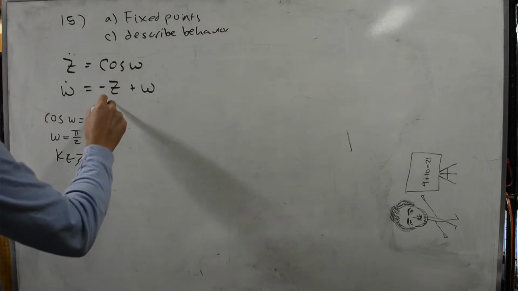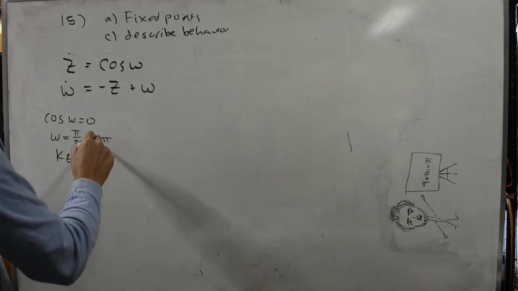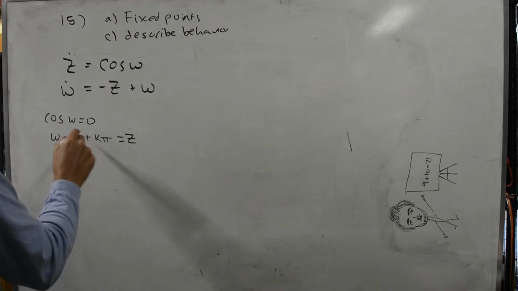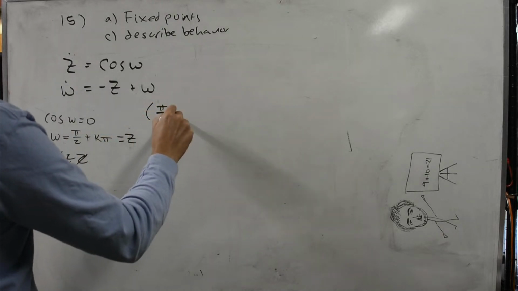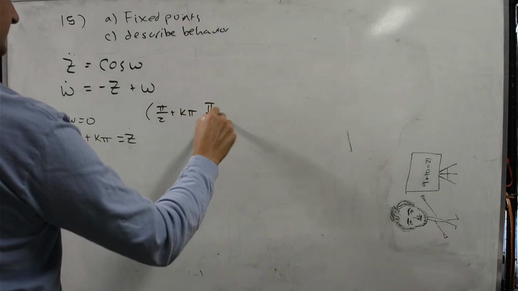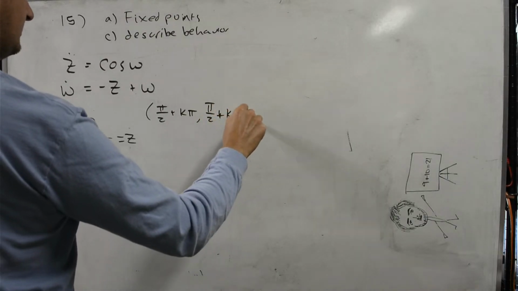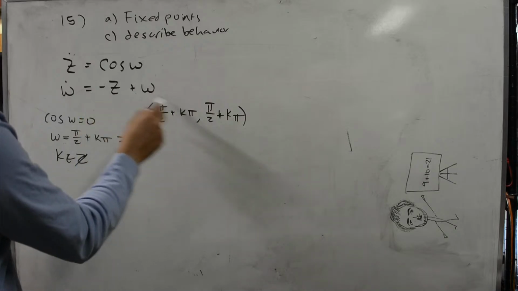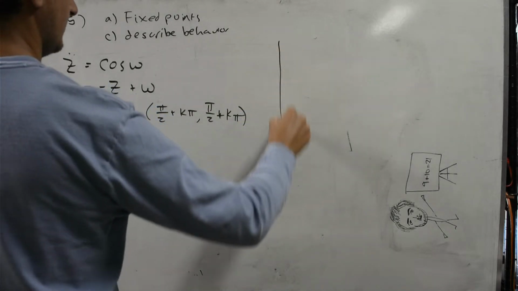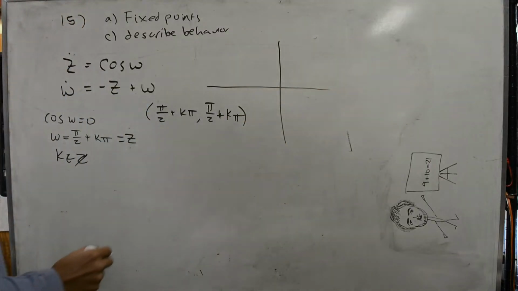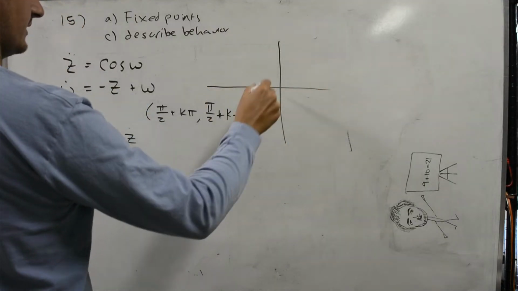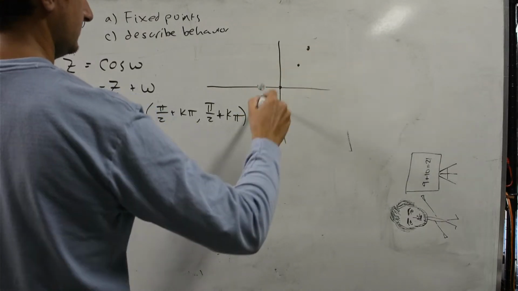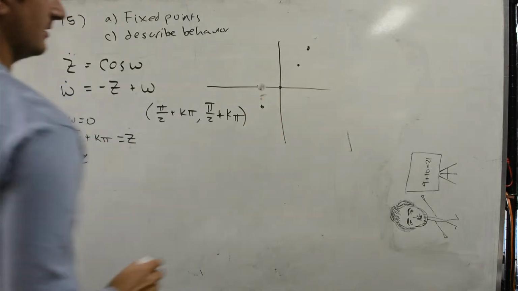So that means the fixed points are pi over 2 plus k pi, pi over 2 plus k pi. Because if you plug this in, this is 0. Then if you plug this into here and this into here, then it's 0. So you're going to have these zeros along here.